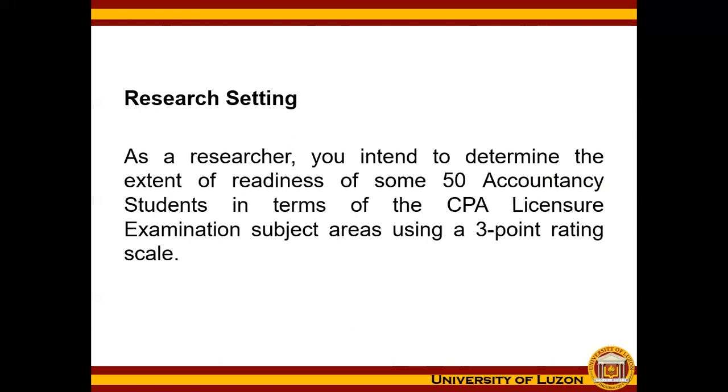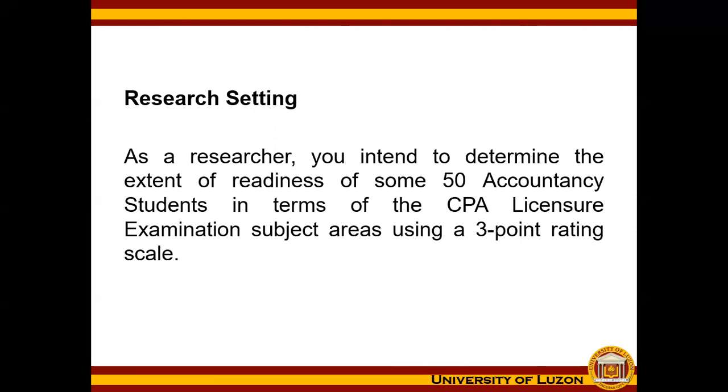So for example, you intend to determine the extent of readiness of some 50 accountancy students in terms of the CPA licensure examination, particularly along the subject areas, using a 3-point rating scale.